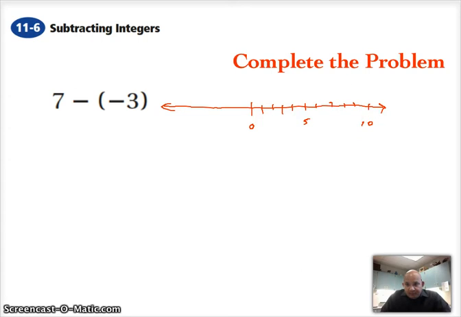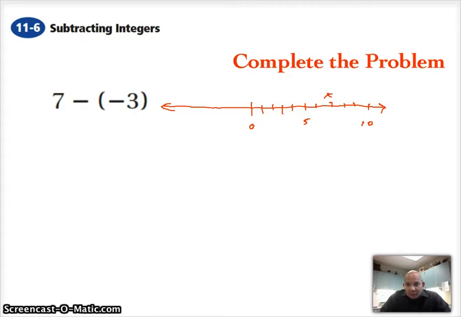So check this out. We're going to start here on 7. That's where 7 is. And now what's going to happen is I'm going to subtract a negative 3. Well, when I subtract a negative, I'm actually going to move, instead of to the left, to the right.